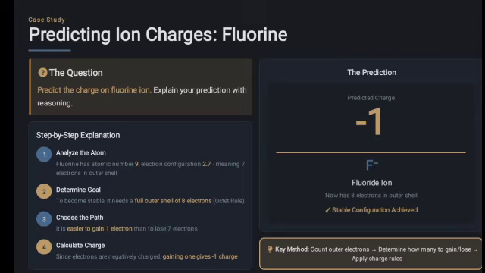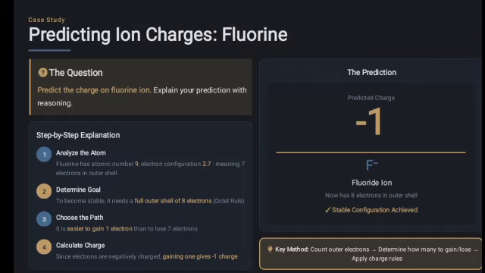So according to this situation, you can calculate the charge. Now, if it is gaining 1 electron, what charge will it have? Negative. If it is gaining 1 electron, then it is negative 1.